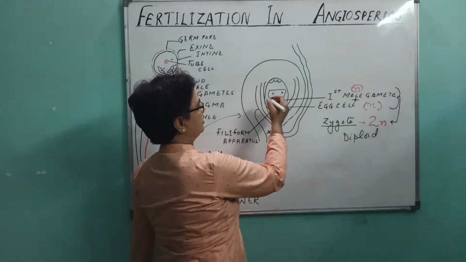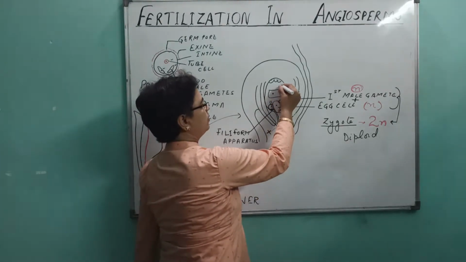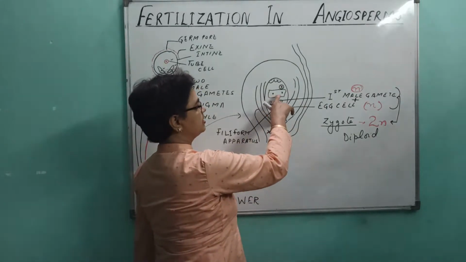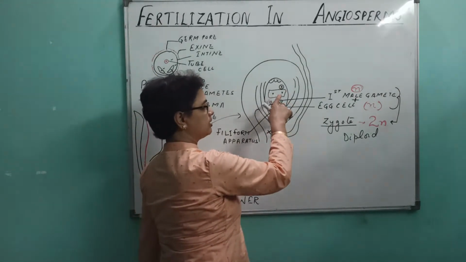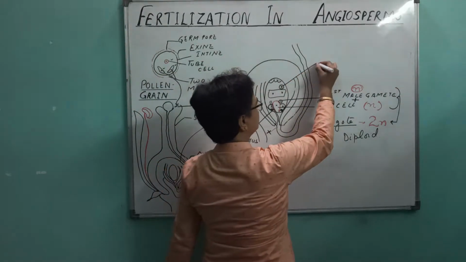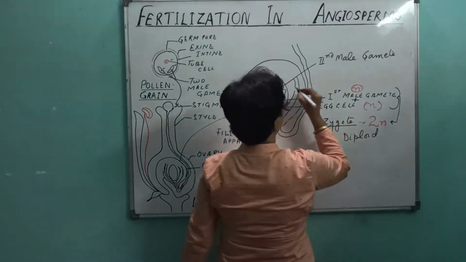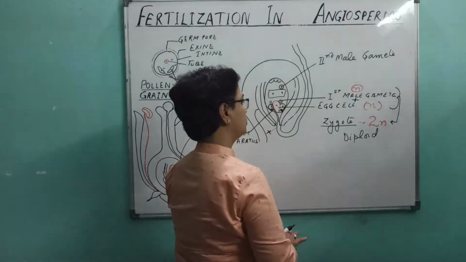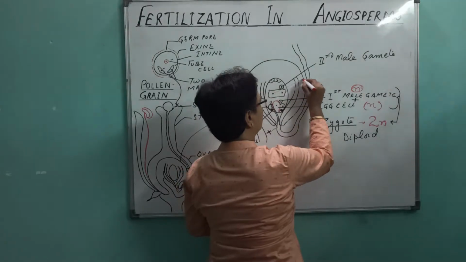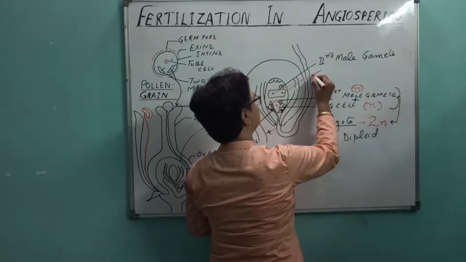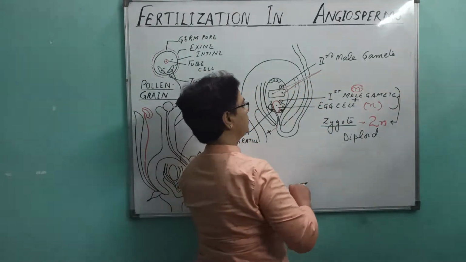What about the second male gamete? The second male gamete reaches the central cell. This is the second male gamete. Central cell contains 2 nuclei already. There are 2 polar nuclei.